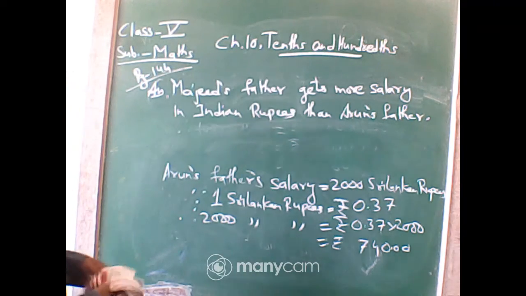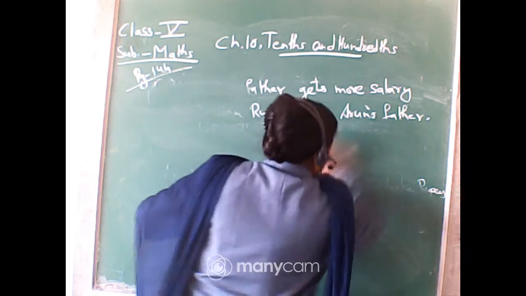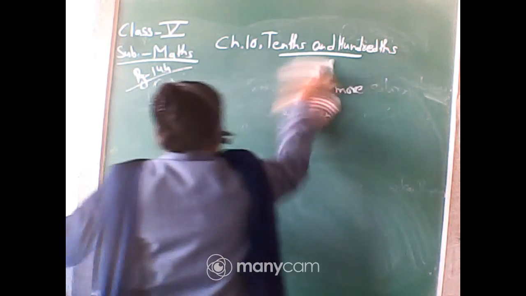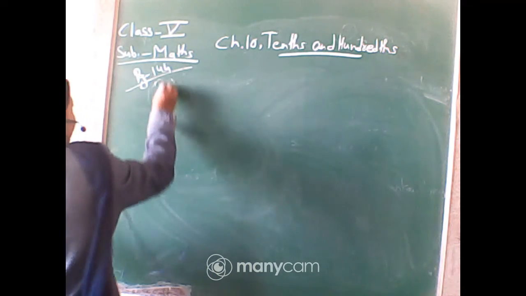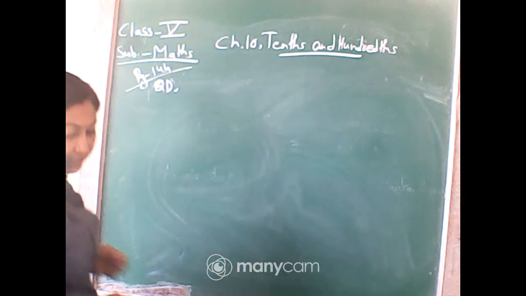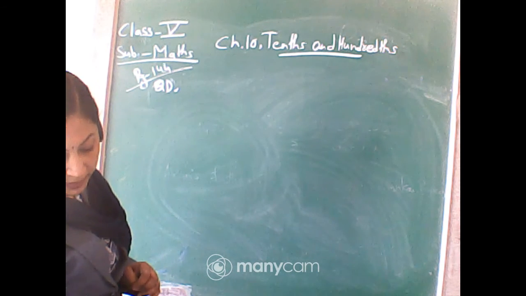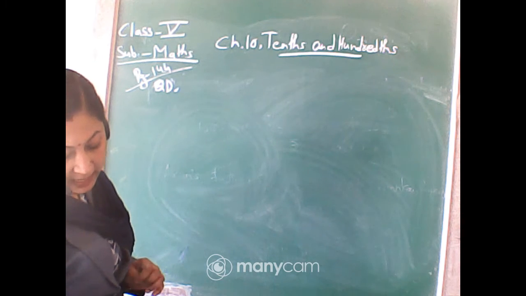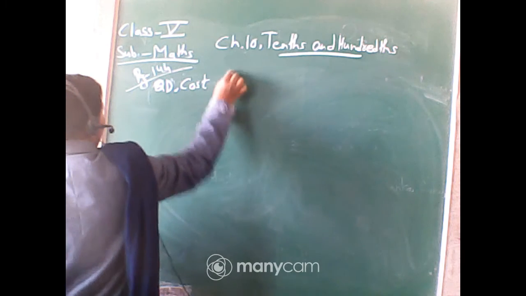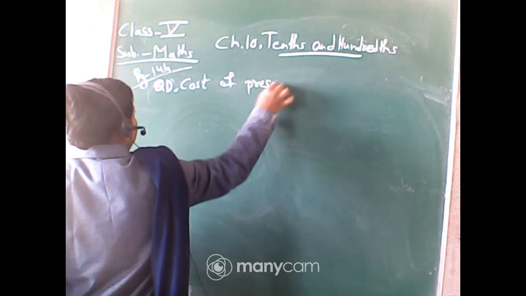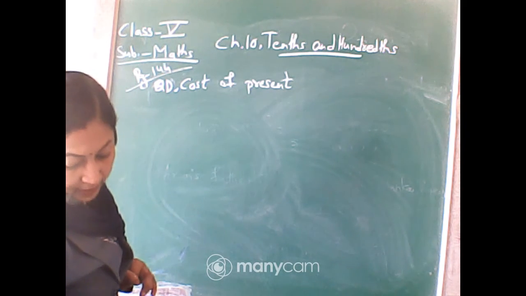This is question number D. The statement will be: price of present brought by Leena's auntie. Cost of present or gift. You can write present or gift, both are the same.